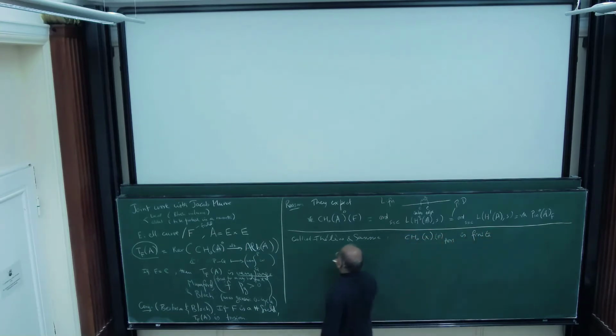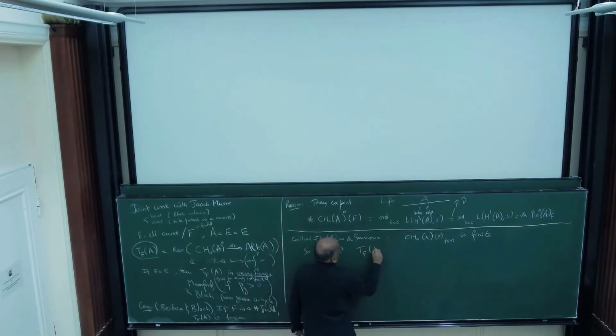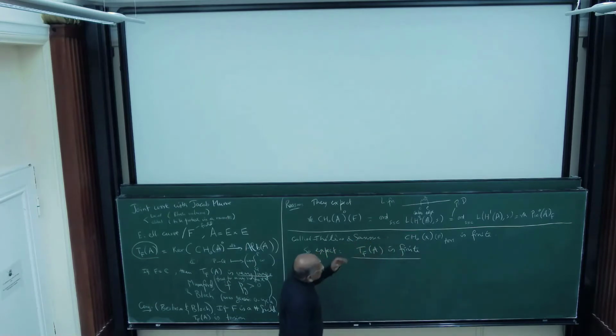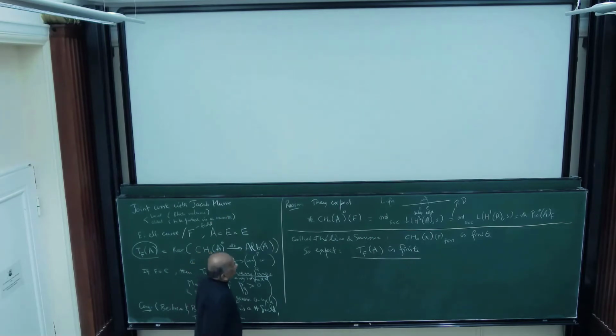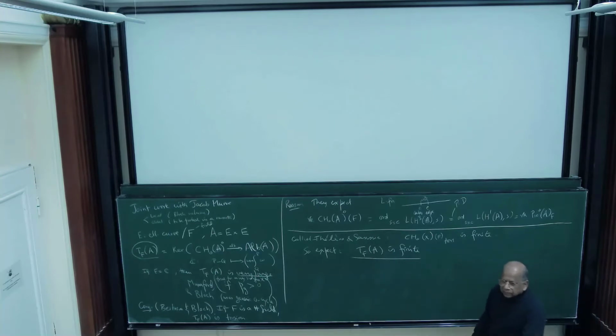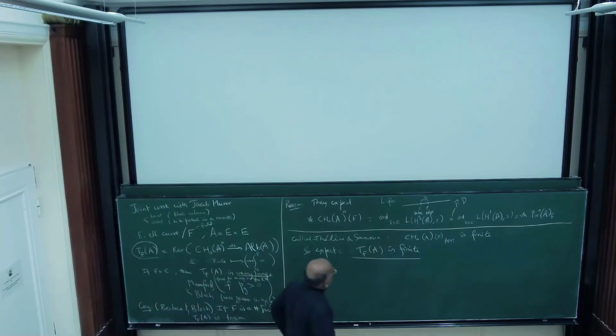So we expect that the torsion of A is finite, because it's torsion. Of course, we don't know this. As far as I know, and Spencer could correct me, I don't know this for a single abelian surface. It will be really great if something like this is proved.